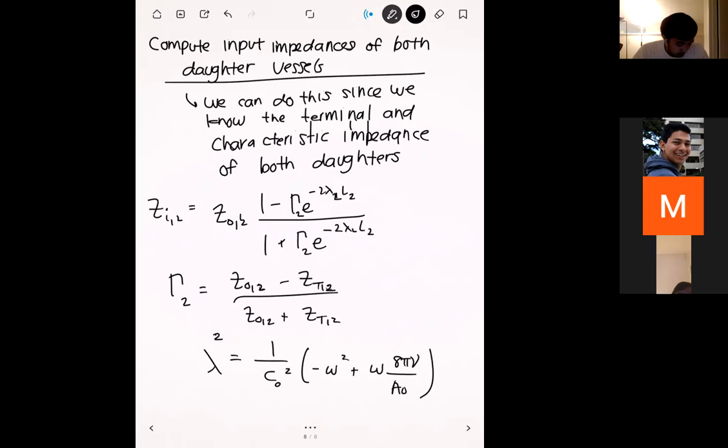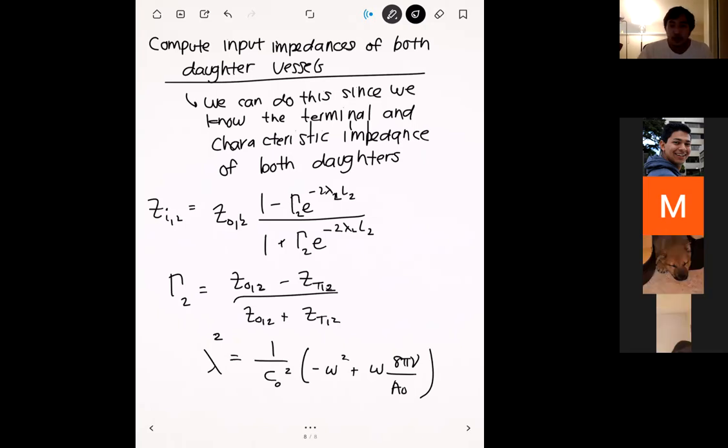This is how we compute the input impedances of both the daughter vessels. You just repeat the same thing for daughter vessel 3, and then once we have this, we can combine them in parallel using the parallel formula on the previous page.